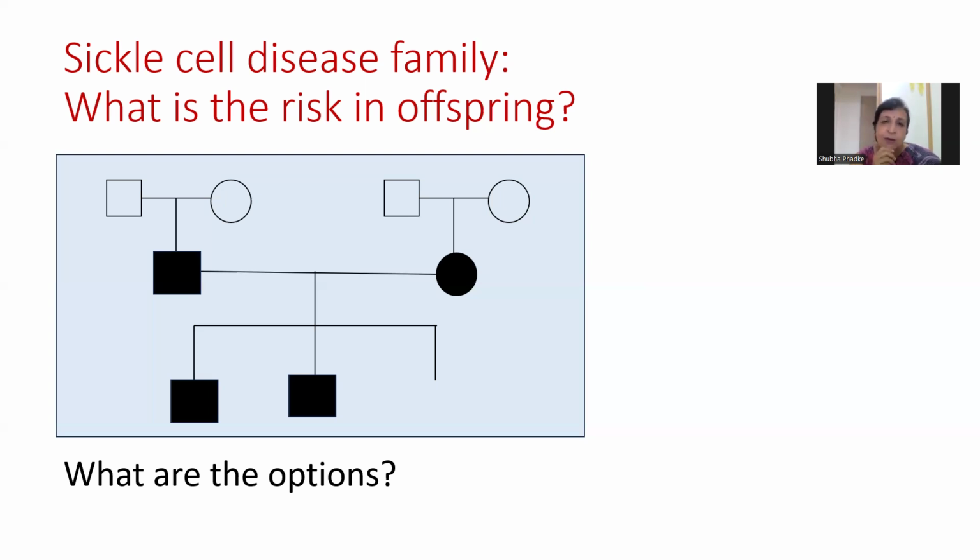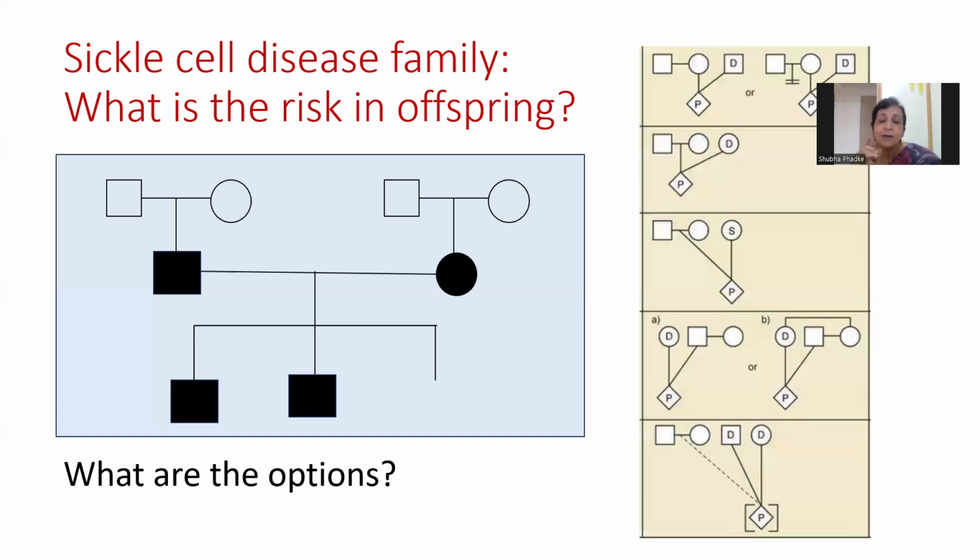But you also have to know that both of them are probably living a good life with sickle cell disease, and they might not have had severe illnesses till now. Their two children are getting good therapy with, say, hydroxyurea. They may not be worried about having another child with sickle cell disease.